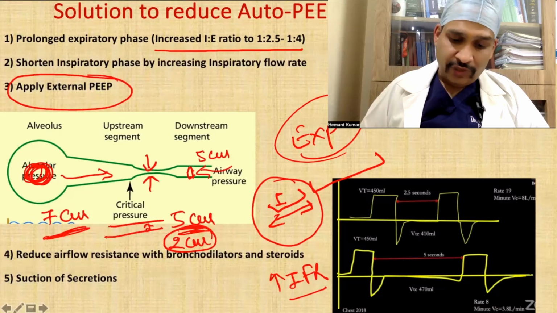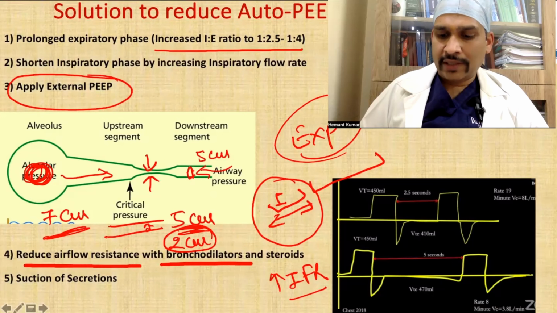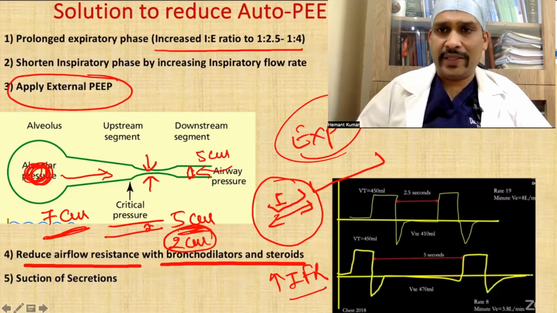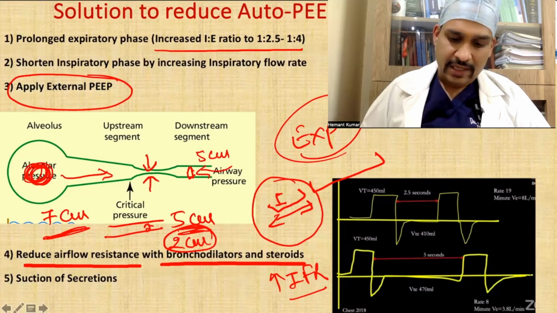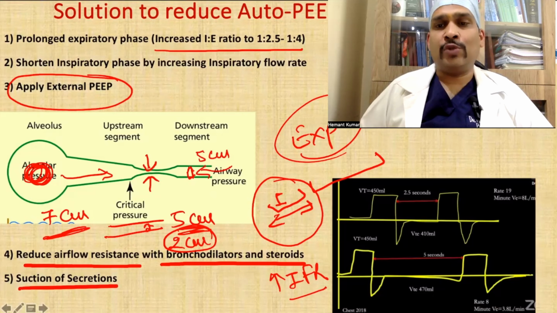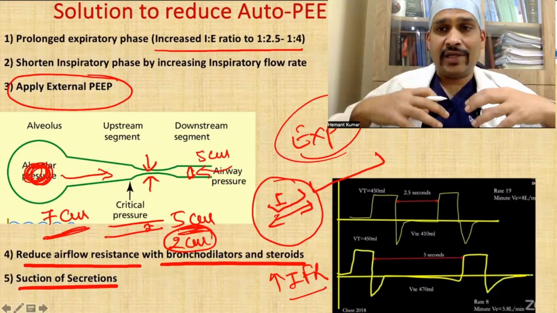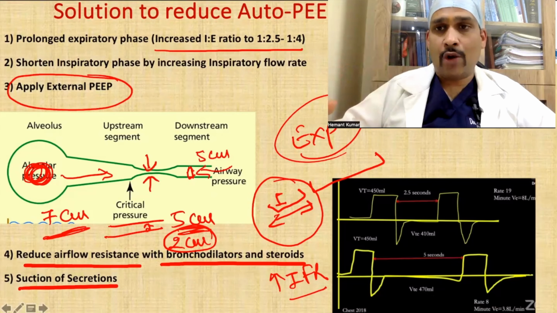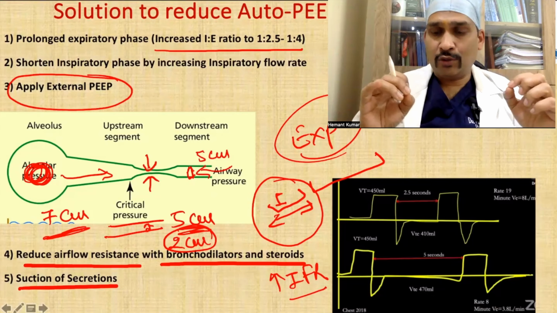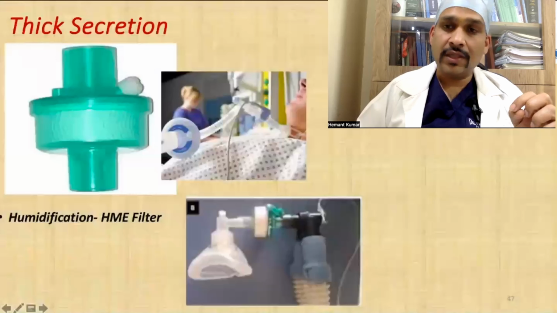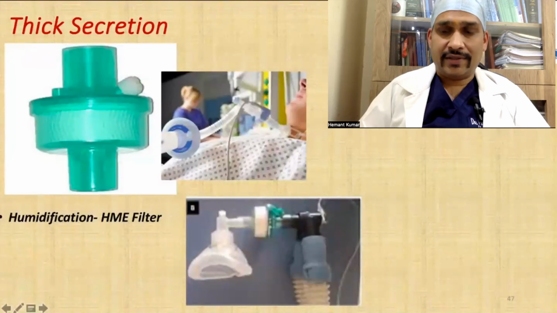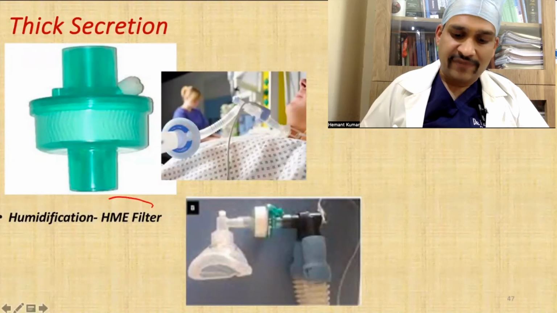Now we can reduce airway flow resistance by bronchodilator and steroid. Because in a case of COPD, we have to give bronchodilators and do suctioning of secretions. In COPD patients there are a lot of secretions which obstruct the airway and do not let the air out. So we have to do frequent suctioning. If there are thick secretions, we have to use an HME filter.